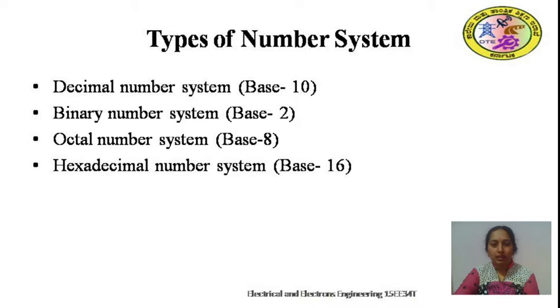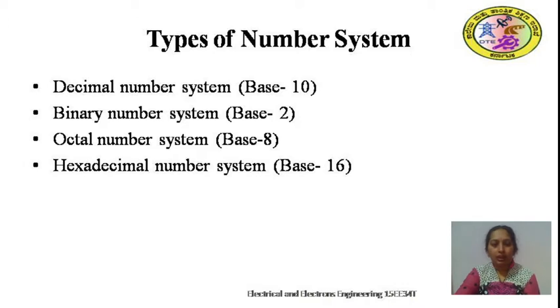The next is the binary system, also called the base 2 system. In the base 2 system, we use only two digits, 0 and 1. This type of system is mainly used in computations, that is, in computer processing.